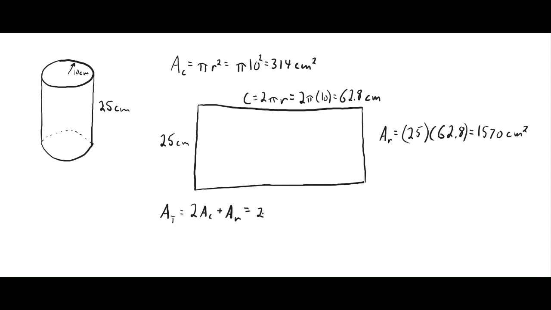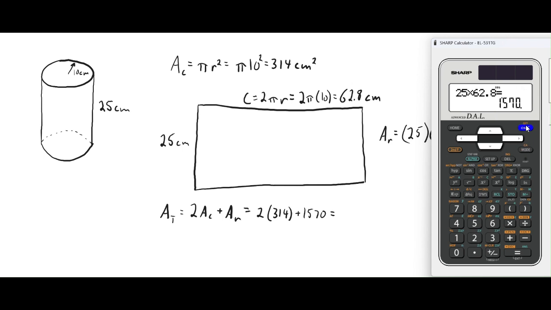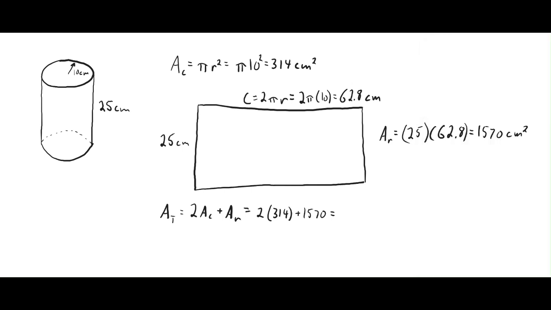So we've got 2 times 314 plus 1,570. What will this all work out to be? 2 times 314 plus 1,570, we get 2,198 centimeters squared.